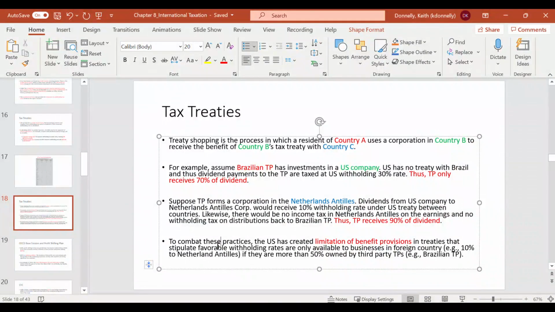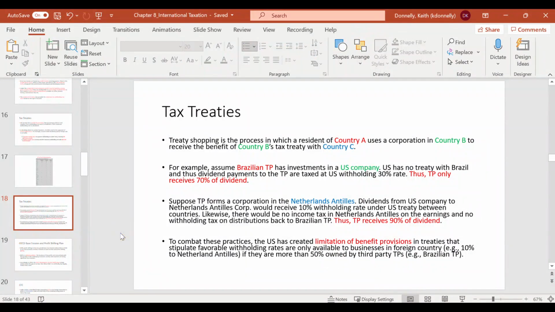So to combat these practices, they're not entirely avoidable, like there will always be a chicken and egg syndrome here. There's not a clear-cut answer that's going to totally resolve this. But to at least deter it, the U.S. has created limitation of benefit provisions in treaties that stipulate favorable withholding rates are only available to businesses in foreign countries if they are more than 50% owned by the third party.